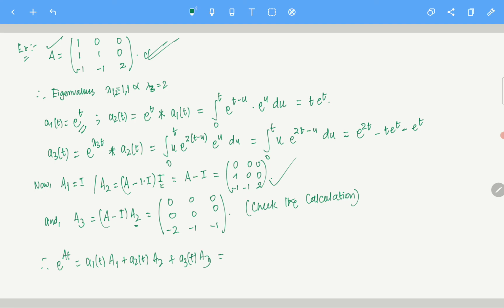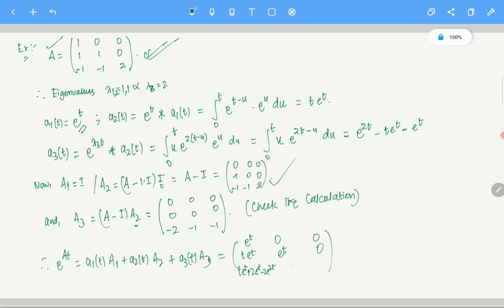Clear? So if you put all of this together, let me write down the end result. I don't want to calculate and put everything together. So this is 0 0 and it is e power t 0 0. Sorry, not 0, e power t, and this is 0, and this is t e power t plus 2 e power t minus 2 e power 2t.